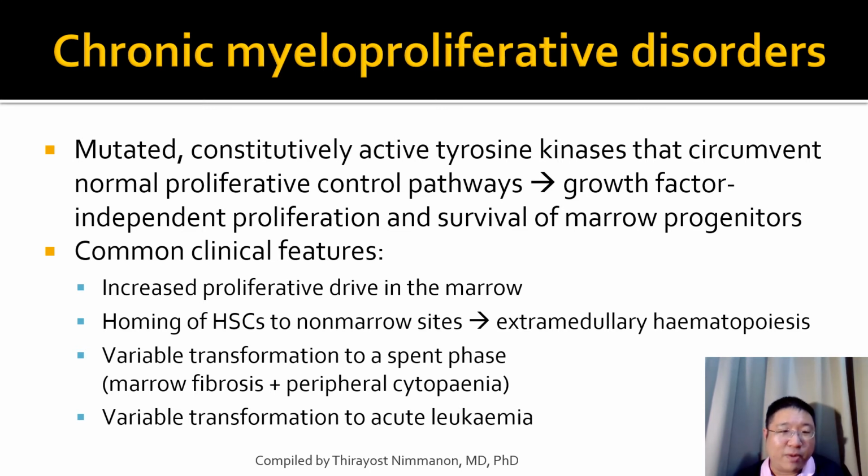And there is variable transformation into a spent phase, meaning that early in the course the cells proliferate a lot, but in the end there may be a decrease in cellularity, and the clinical picture may turn into peripheral cytopenia in the end. It is a possible outcome of these disorders, and sometimes these disorders may be transformed into acute leukemia.